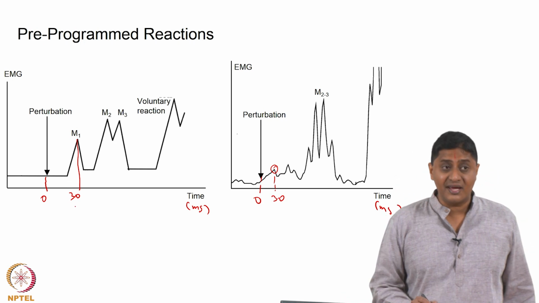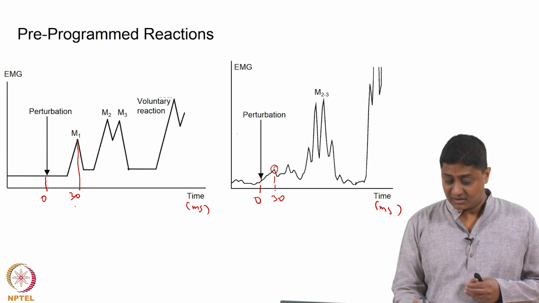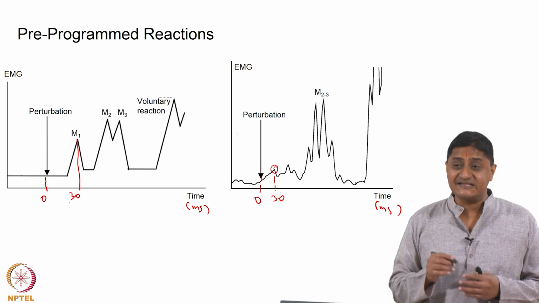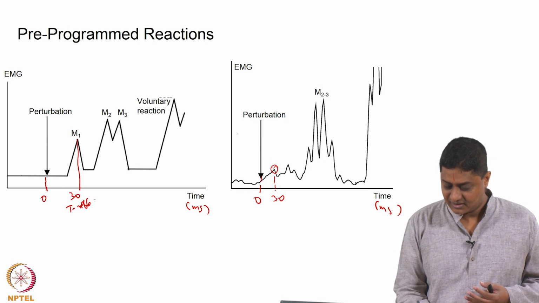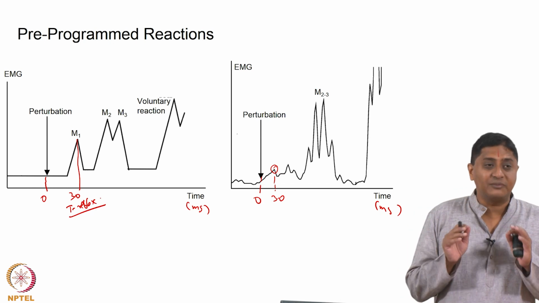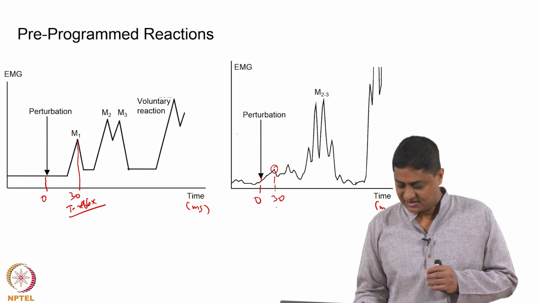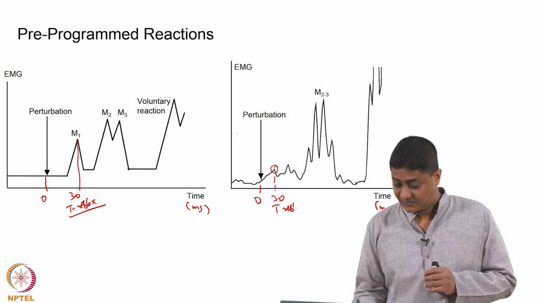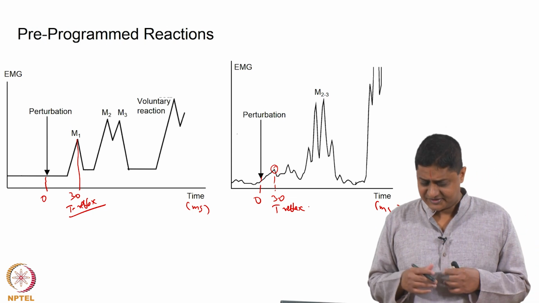That is M1, the analog of the H reflex, or more precisely the phasic stretch reflex or the T reflex, is it not? That is the monosynaptic response, the phasic stretch reflex. That is the T reflex, or the mechanical analog of the H reflex, is it not?